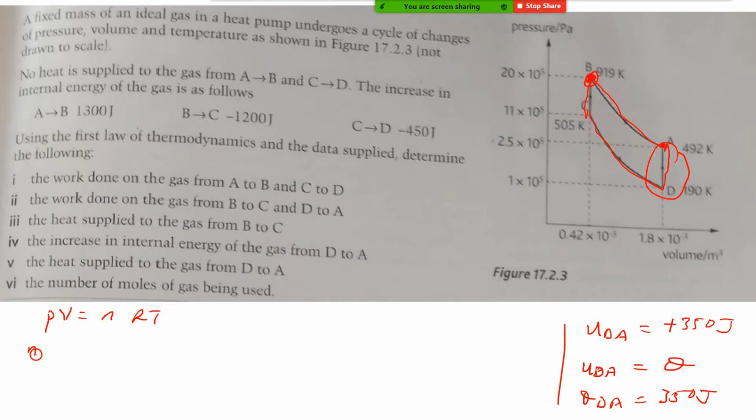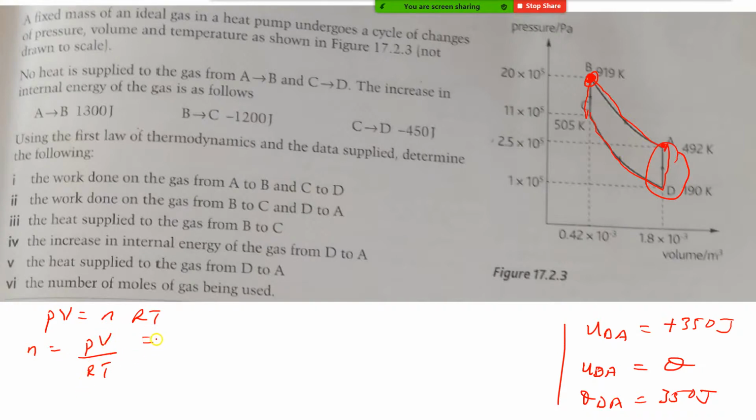So let's just transpose to make n the subject. When n becomes the subject, we have n equals P times V divided by R times T, right?